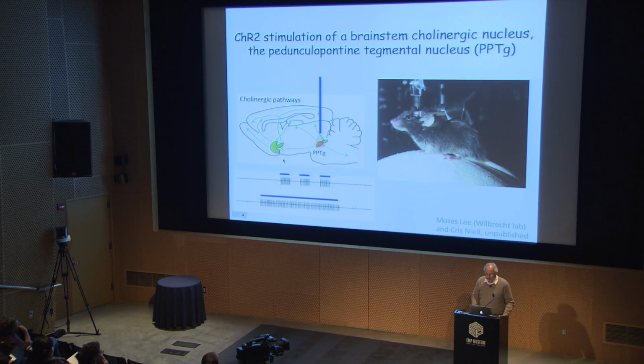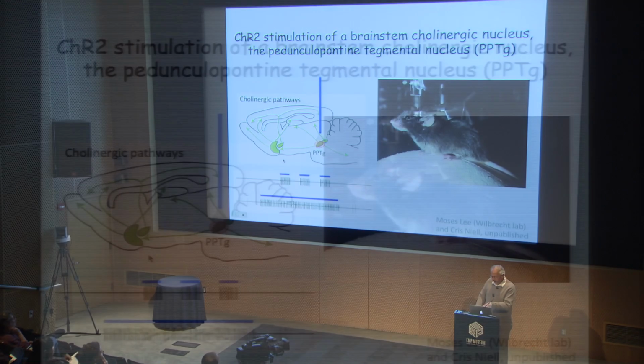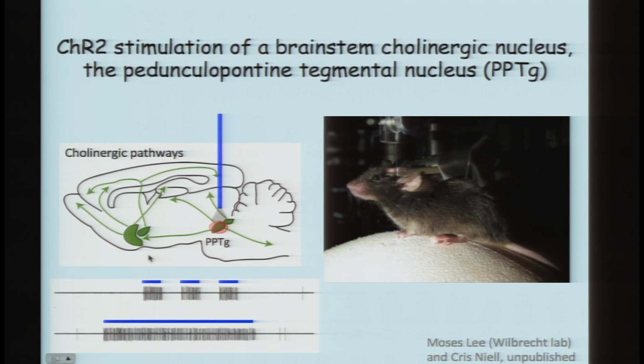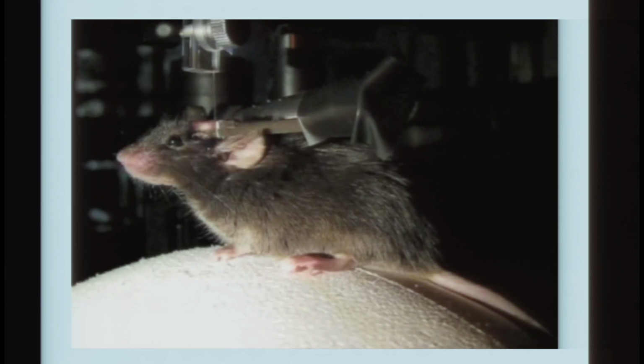And so what they devised after labeling the glutamatergic cells in this nucleus, some of which project forward to the anterior forebrain, and some of which project down to cause locomotion, is they could make the cells fire.